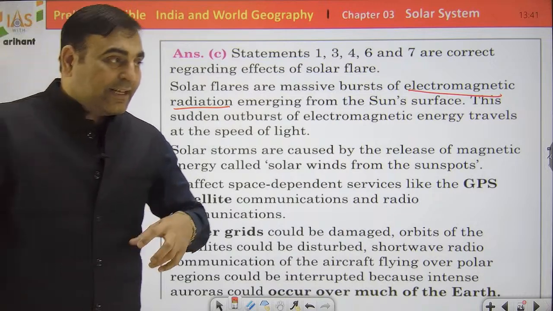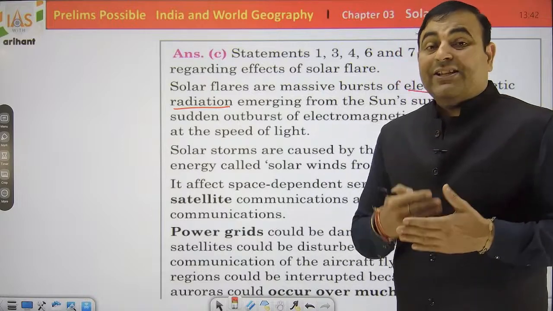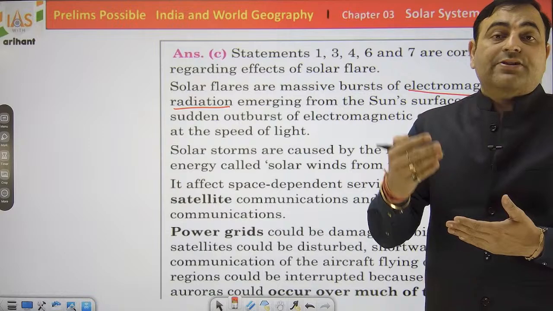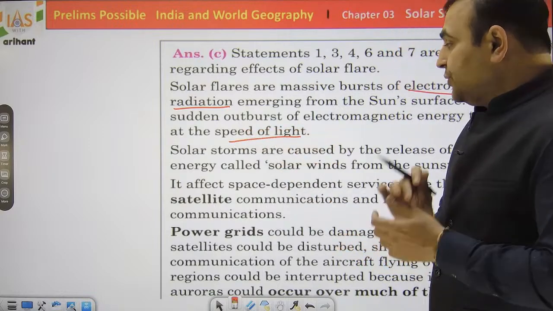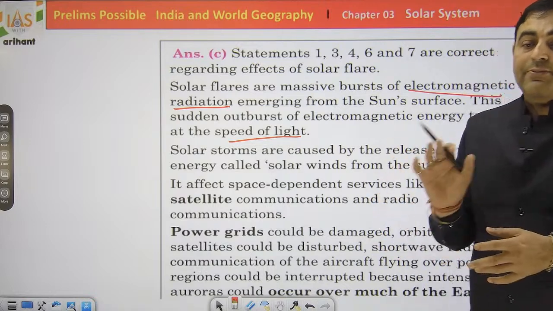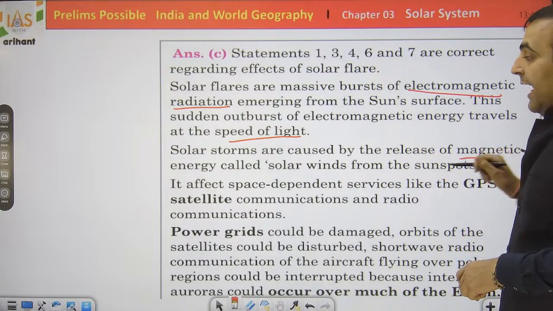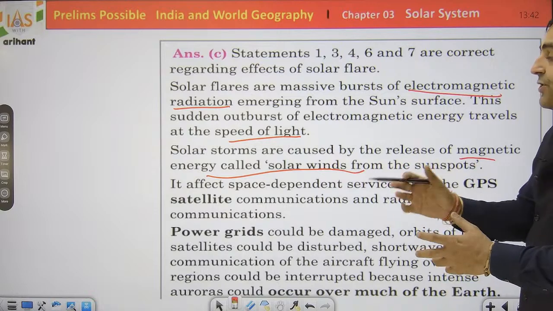These radiations will reach the earth at the speed of light, 3 into 10 power 8 meters per second. Solar storms will be caused by the magnetic energy called solar winds from the sunspots.